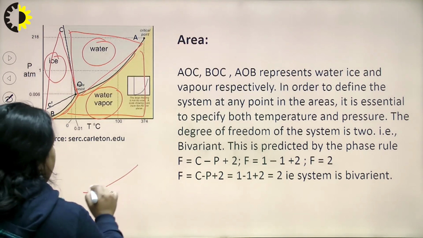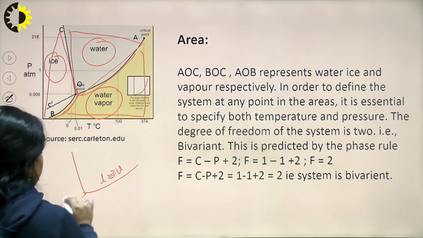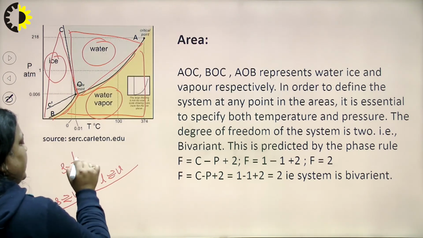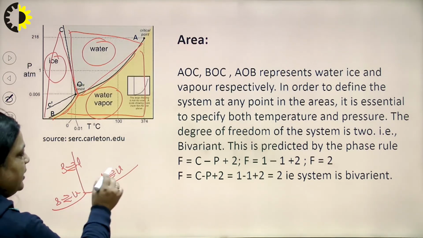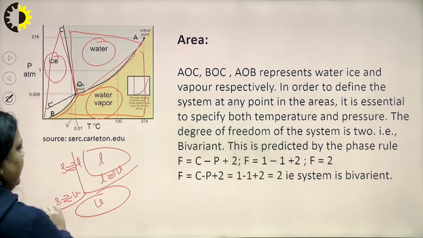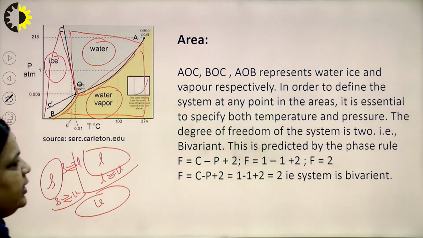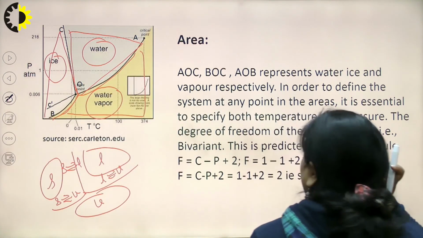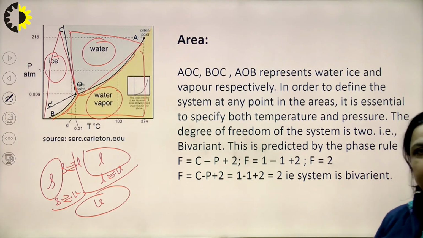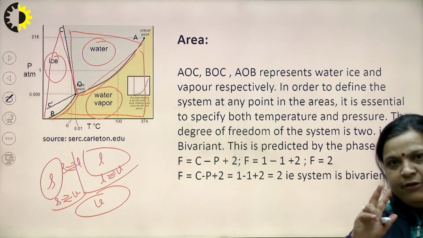And if this point is not clear, we can mention the equilibria. Here the equilibrium is liquid to vapor, here it is solid to vapor, and here it is solid to liquid. Now, we can take the common phase: for this the common is V, for this the common is L, and for this the common is S. In order to define the system at any point in the areas, it is essential to specify both temperature and pressure, because when we find F, it will be 2.